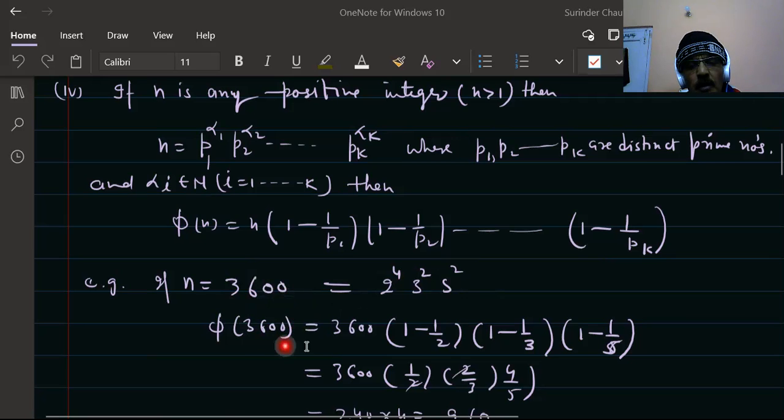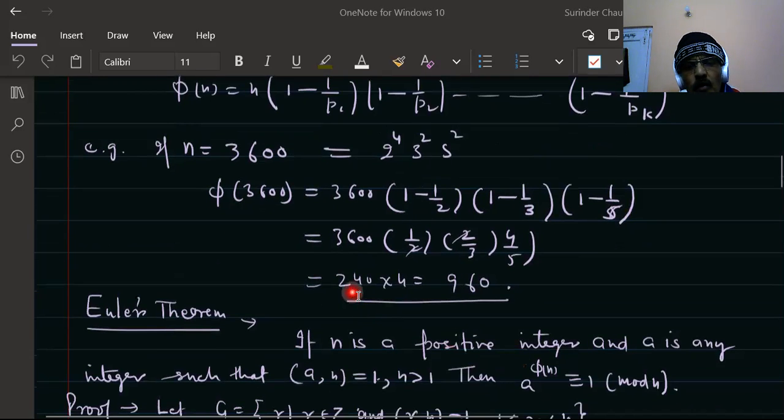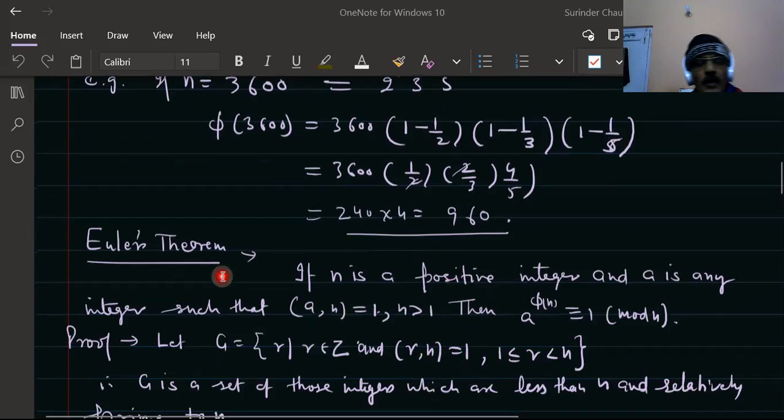It will be 3600 into 1 minus 1 upon p1, into 1 minus 1 upon p2, into 1 minus 1 upon p3. If we simplify this, we get 960. So 960 numbers less than 3600 are relatively prime to 3600. So we can find it.